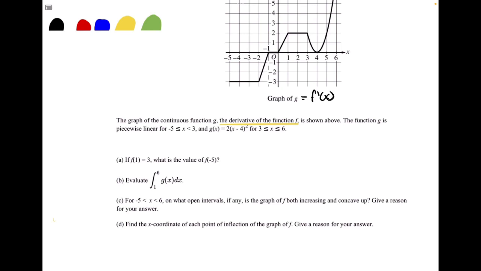In order to truly get f of x, we must integrate what's given to us. So in order to find f of -5, we must subtract from f of 1, which was already given to us as 3, the integral from -5 to 1 of f prime of x.